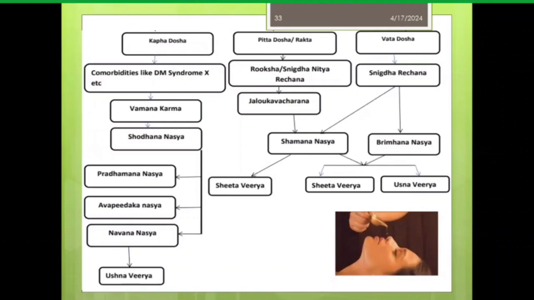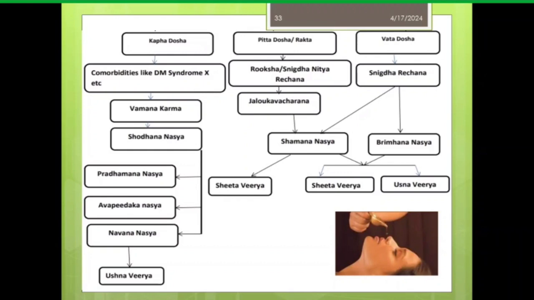It is not a haphazard treatment. What we generally think is that for any Vatavyadhi, just Snehana and Svedana are to be done. That kind of understanding will not help to identify a pinpointed treatment or a pinpointed medication selection as well.